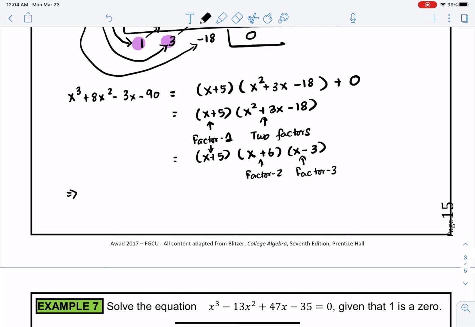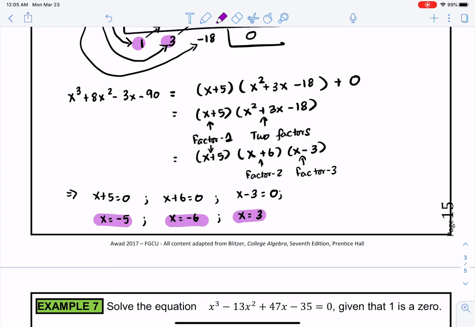This would imply x plus 5 equals 0, x plus 6 equals 0, and x minus 3 equals 0. So x would equal negative 5, x would equal negative 6, and x would equal positive 3. So the 3 zeros are negative 5, negative 6, and 3.